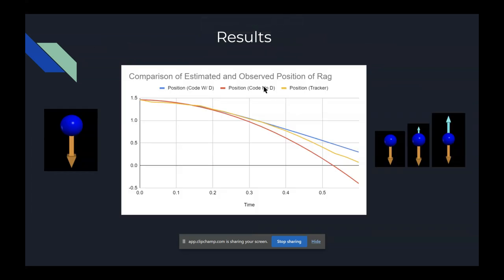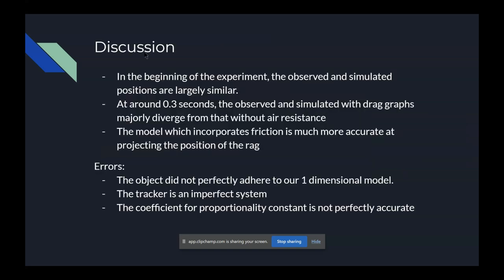Now comparing the estimated observed position of the rag in the different models, you can see that the second model here in blue and the actual tracked models are fairly similar until we get to the end. And that is because drag is actually being taken into account as it goes on. Whereas with no drag, it's assumed to be falling a lot faster, which you can see represented here, the drag force gradually increasing over time there.